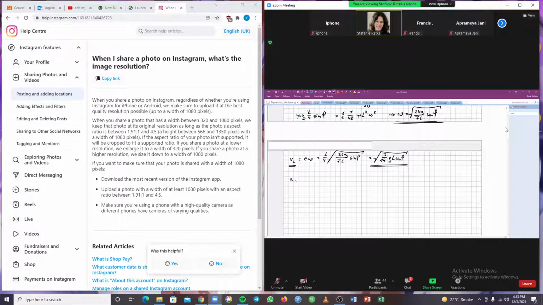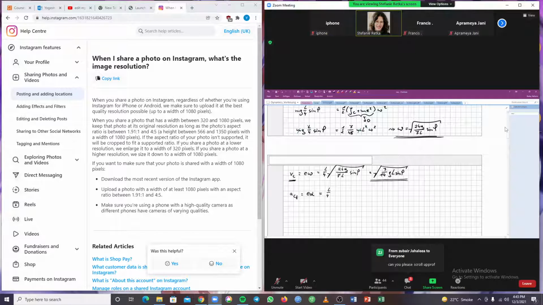AC tangential is equal to E times alpha, which is L over 4 times 12 over 7 G over L cosine phi. And then this is 3 over 7 G cosine phi for the tangential component of the acceleration.